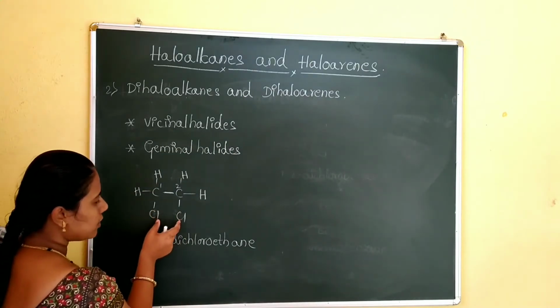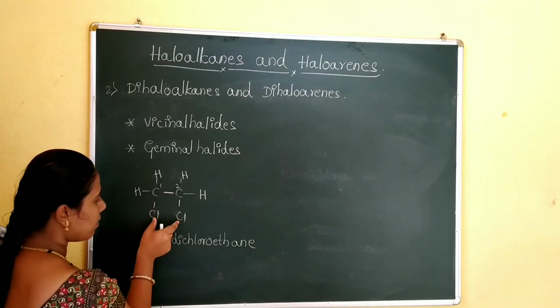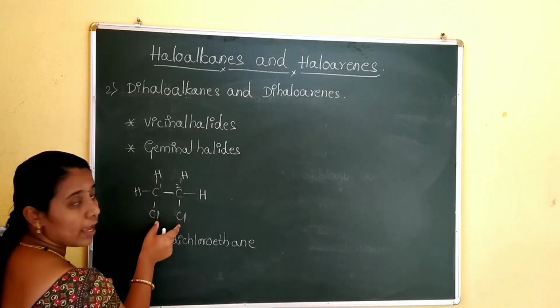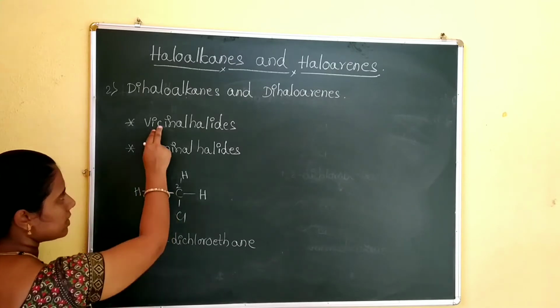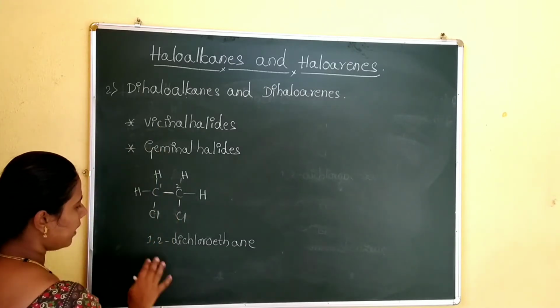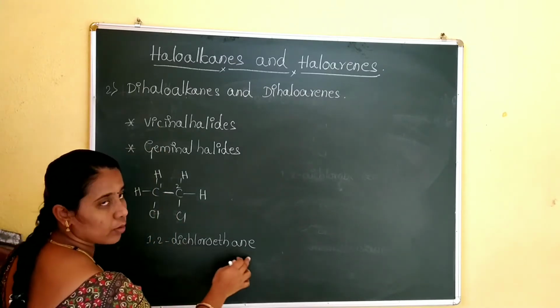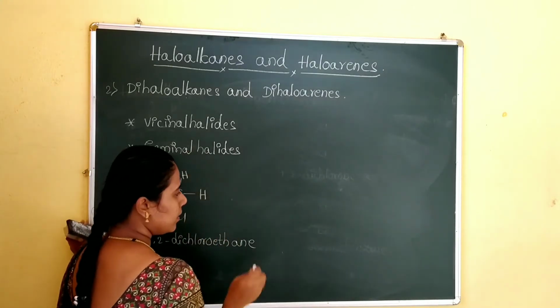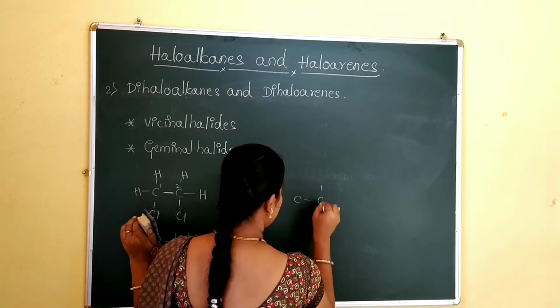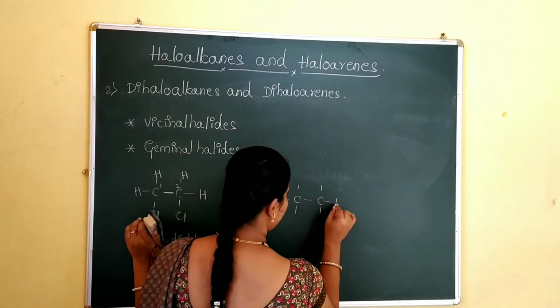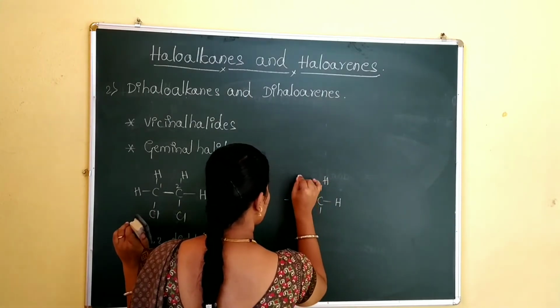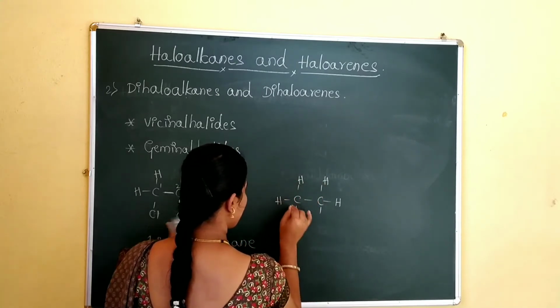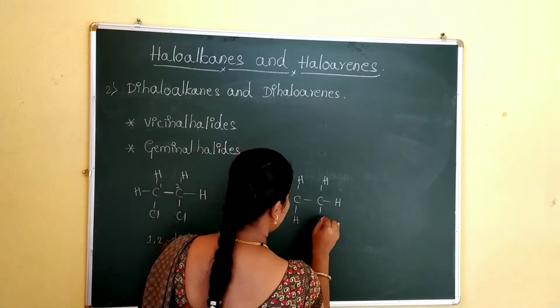Two hydrogen atoms of the adjacent carbon atoms, if they are replaced by halogen atoms, are called vicinal dihalides. Example is 1,2-dichloroethane. Similarly, what are geminal halides? See here, this is ethane.